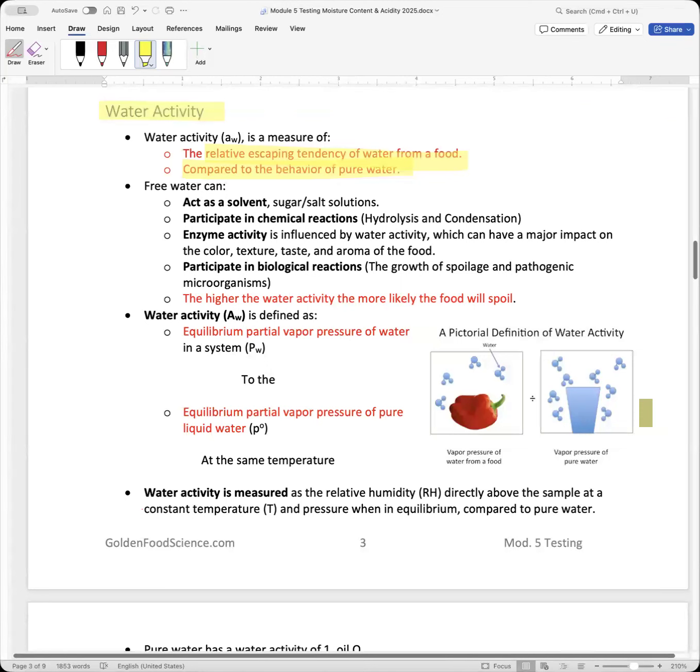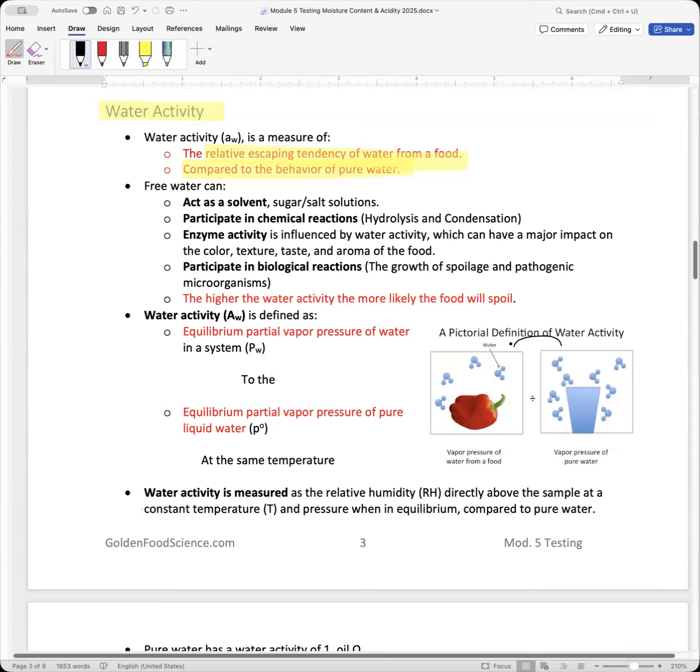The water molecules inside are always moving around and they bump up against the top and eventually they will escape. So that is considered one, the water activity of pure water. Well, in food, the water escapes too, and we know that because things dry out if you leave them out on the counter. So water activity is a comparison of these two.